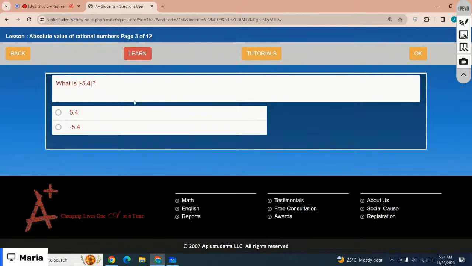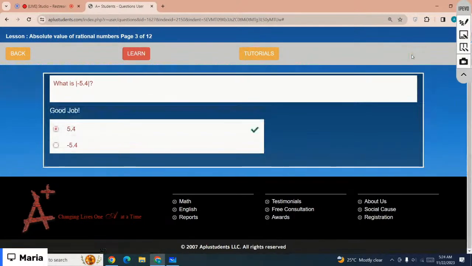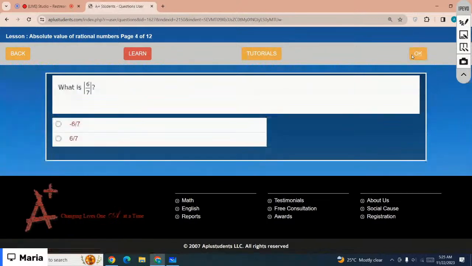Option number 1 is the correct option. What is the absolute value of 6 over 7?